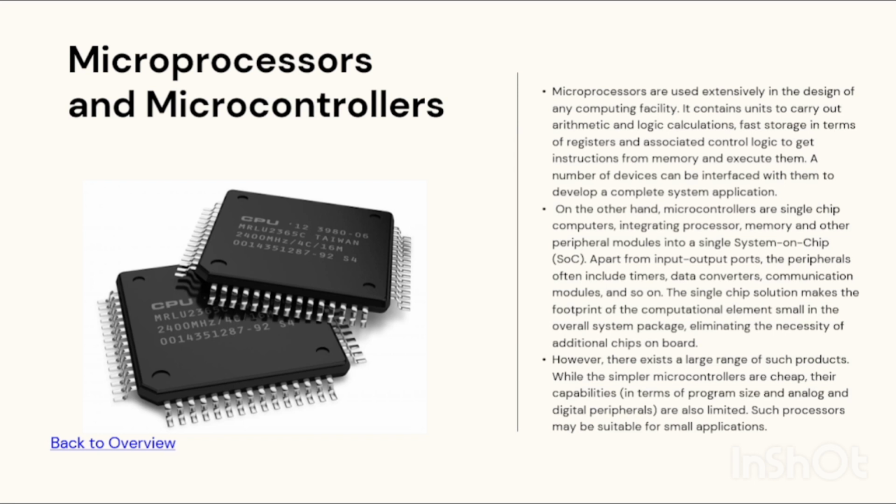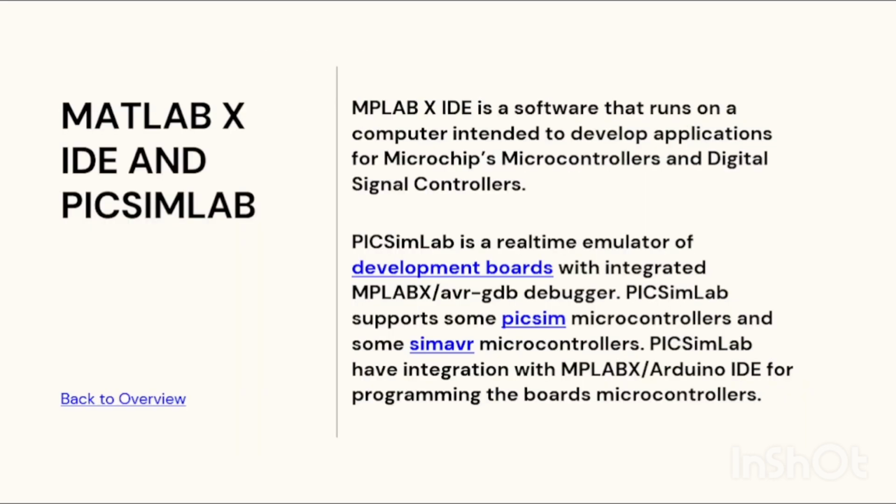The inputs can be both serial and parallel based on our need. And then we use increment and decrement for all functions. Next, we can see MPLAB X IDE and PIC SimLab. It is a similar real-time emulator for development boards which integrates MPLAB, BS, and AVR, JTAG debuggers.